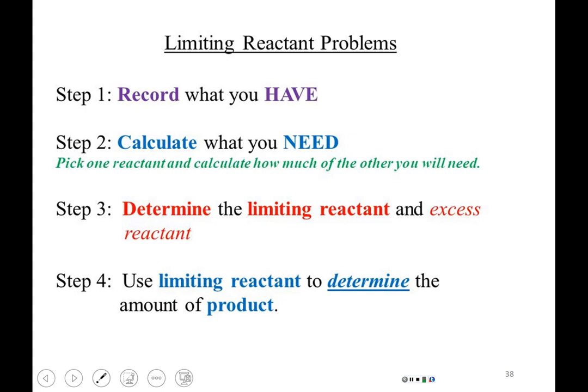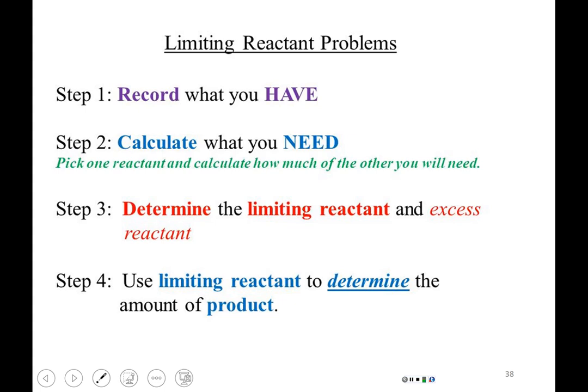Step 1, record what you have. You're going to be given enough information to know the number of moles you have of typically both or all your reactants. The next step, you need to calculate what you need.